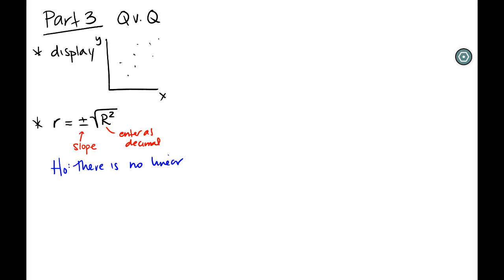And technically, correlation talks about no linear relationship, no correlation, between my x and y, my two variables. So our alternative is, there is. Whatever your correlation is, you have a p-value given with that. And the p-value tells you whether or not there is a linear relationship between your x and y variables at a certain significance level, right? So that's our correlation coefficient.